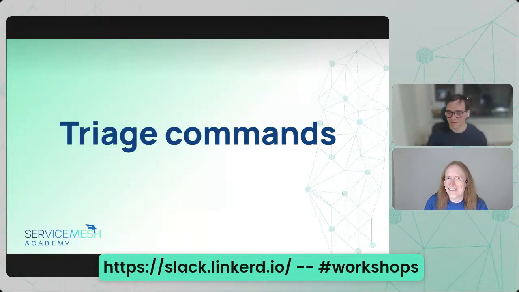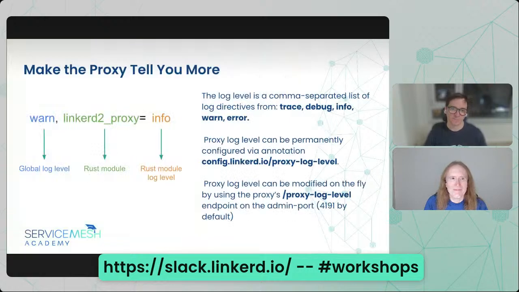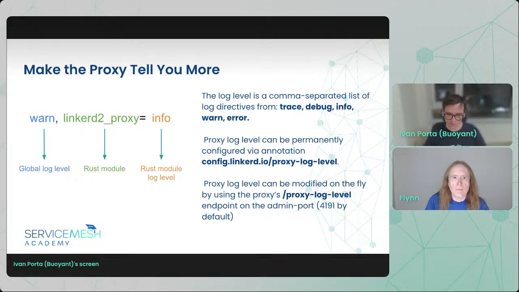So, there are several commands that I want to highlight today. The first one is about the logs, because by default, when we install Linkerd, we set the verbosity of the logs to info, which means you show a lot of information in the logs. However, this value is kind of static. If something happens, you need to change the log level.